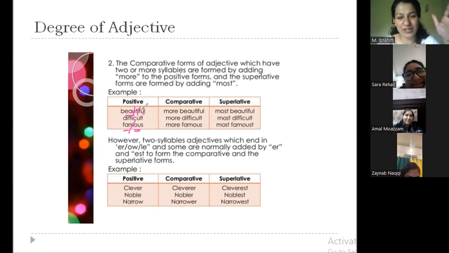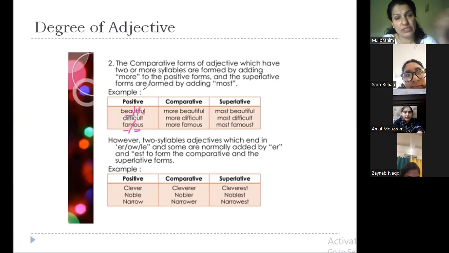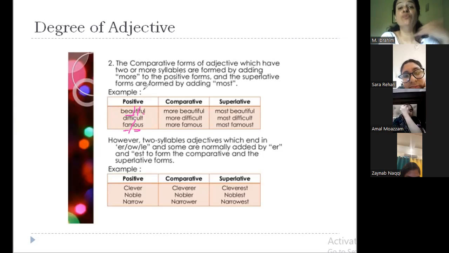But this is the only way to identify syllables. So simply, when you have 2 or more syllables, we do not use the ER or EST. Instead, we use more and most for comparative and superlative respectively.